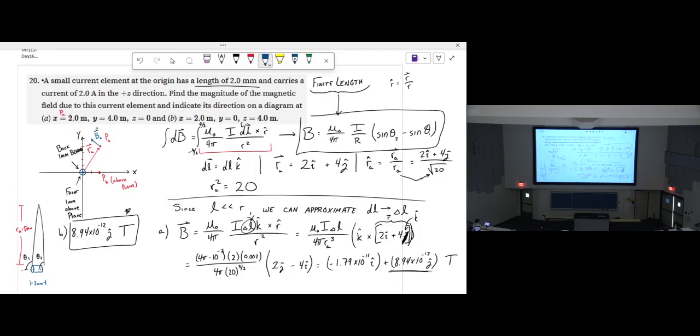And you ask yourself, does that make sense in terms of what we calculated? Well, yeah, we said we should have a negative 10 to the minus 11 component in i. So negative in i would be back to the left. And then a positive j component, that would be up. So this is left and up.